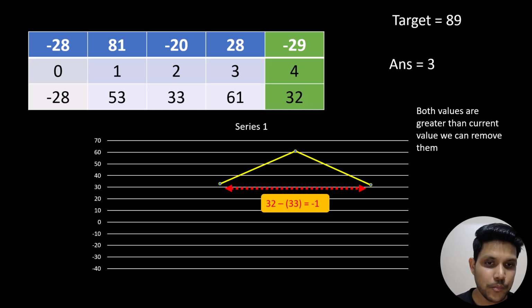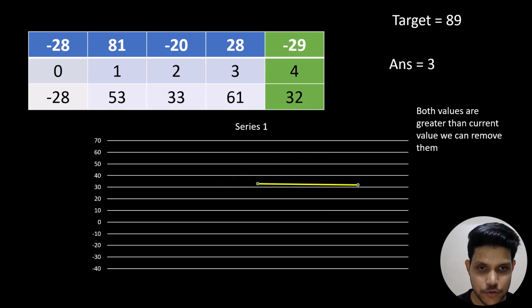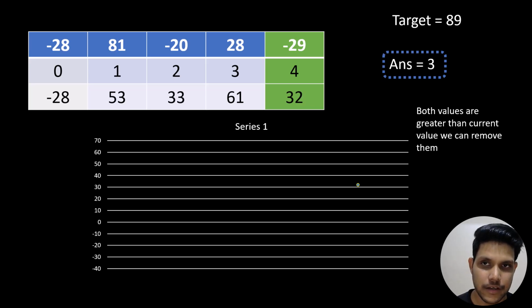So we will now remove the two values point by point. We'll first remove the sum 61, and then we'll remove the next value, and at the end we'll only have a single point in the graph. As we have come to the end of the array, we cannot do any further computation, and the answer is 3 in this particular case, which is the same as what we got with the previous approach as well.